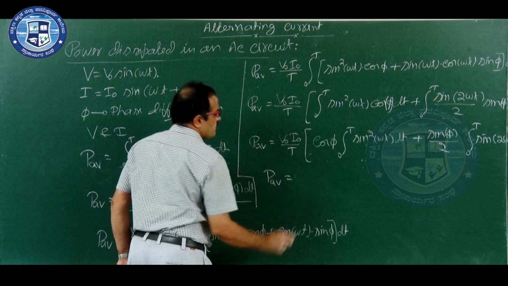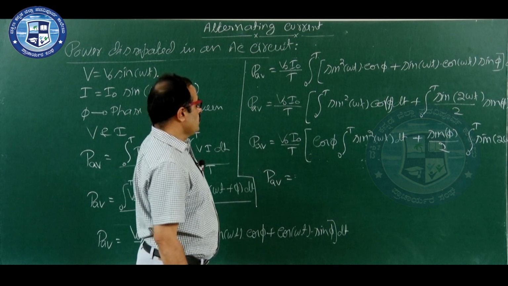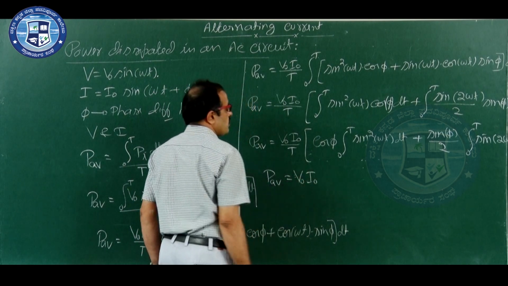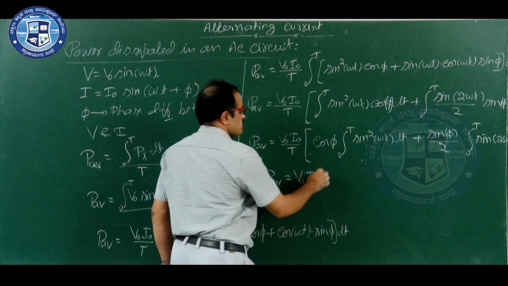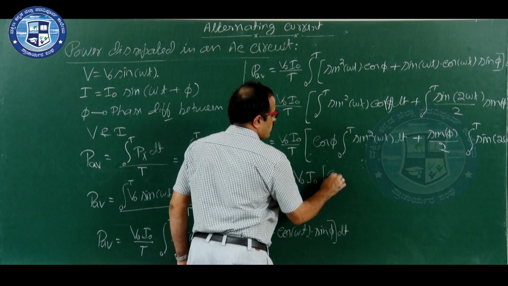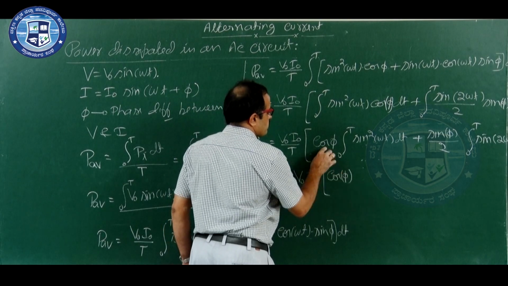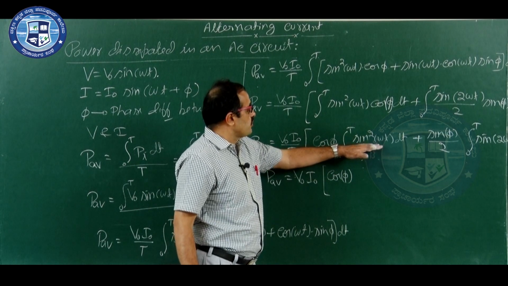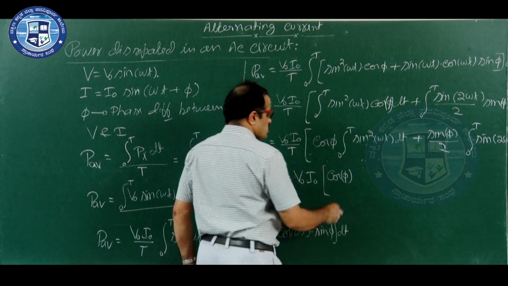P average is equal to, now V naught I naught bracket, take T inside. So, it is cos phi first term constant, it is nothing but average value of sin square function over the complete cycle. So, how to write it?